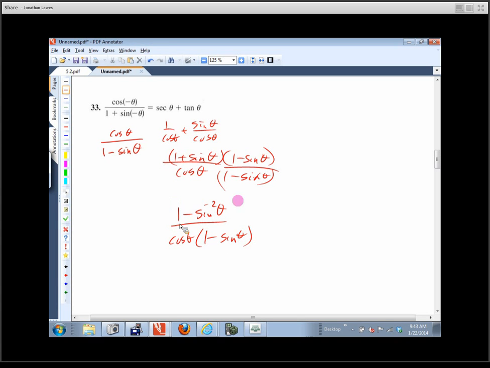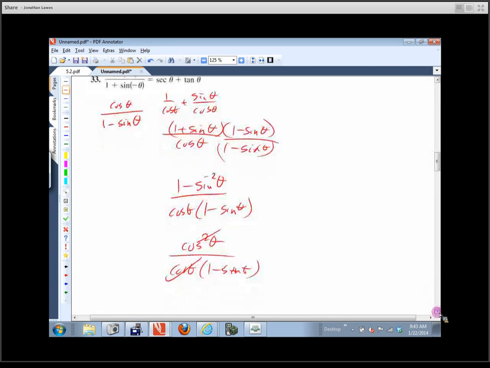What's the numerator? Okay, that's a Pythagorean identity, so this is going to be cosine squared theta over cosine theta, 1 minus sine theta. I've got 2 of them on the top and 1 of them on the bottom. I can cancel this one with that one. And then I've got, come down here a little bit, cosine theta, 1 minus sine theta.